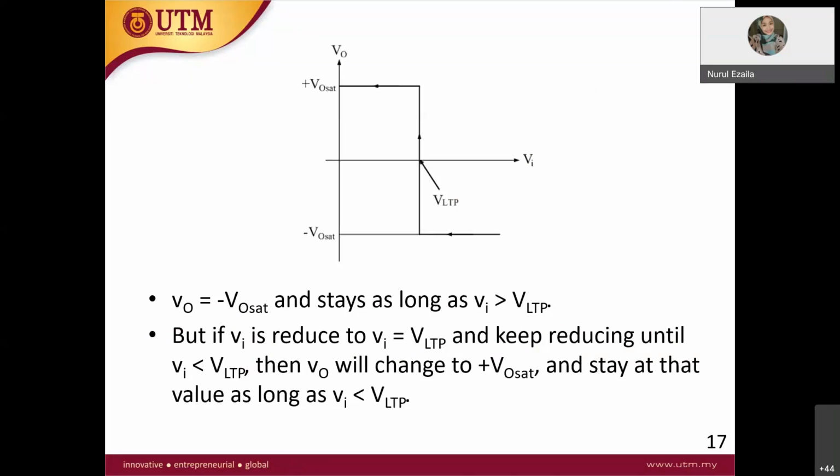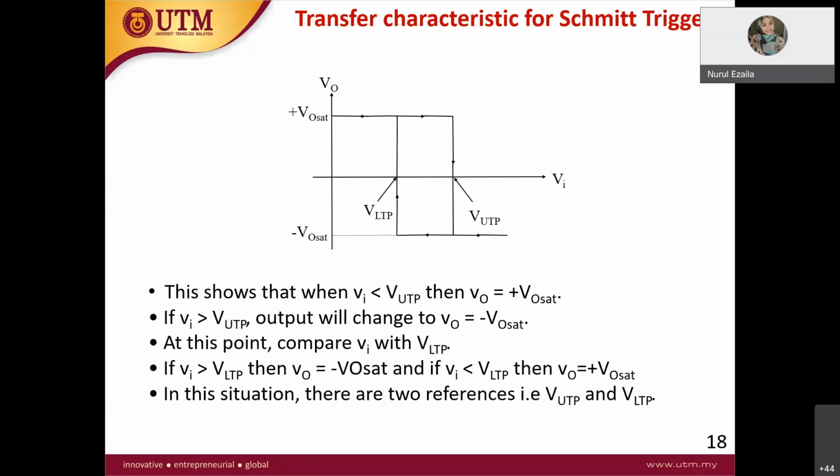So the overall VUTP and VLTP, V out versus V in, will look like this. This is what happens when your V out is equal to the VLTP.